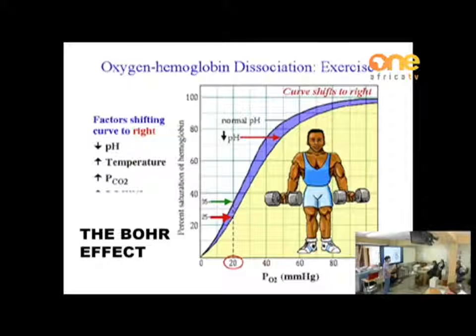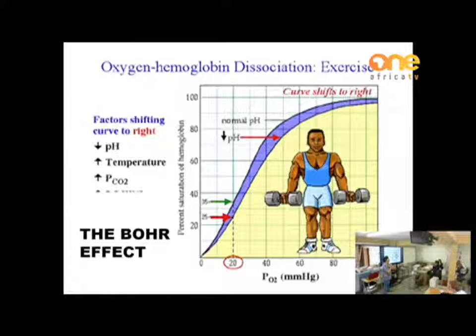When the temperature increases, will exercise increase my body temperature? Of course, because I have more energy produced and heat comes with respiration, and I have an increase in the partial pressure of carbon dioxide, I will experience the Bohr effect. The Bohr effect is due to an increase of exercise.